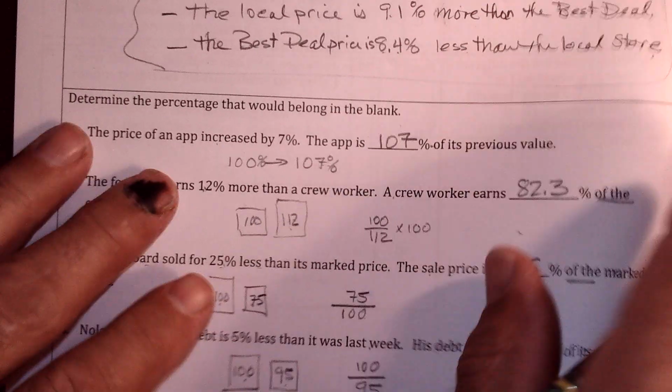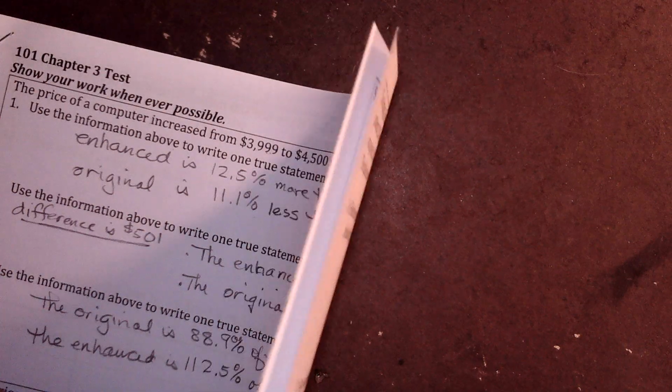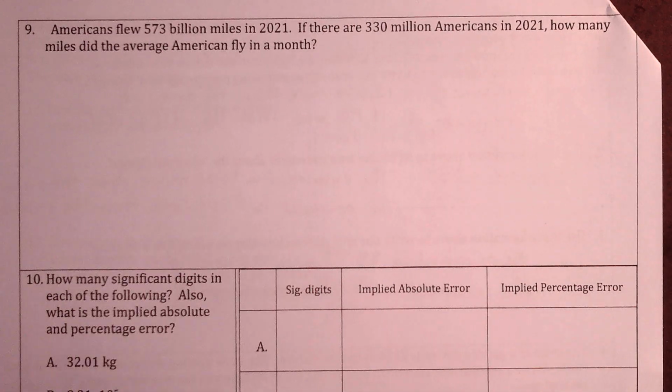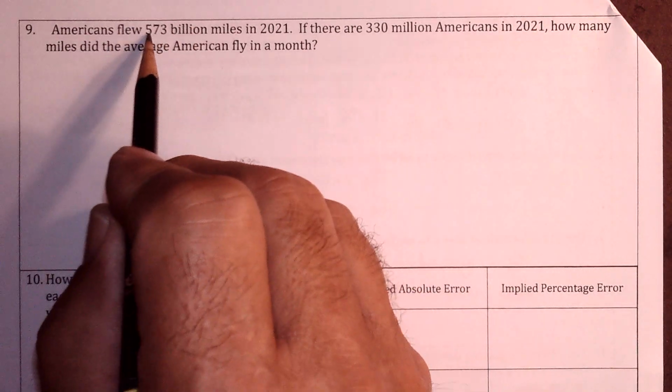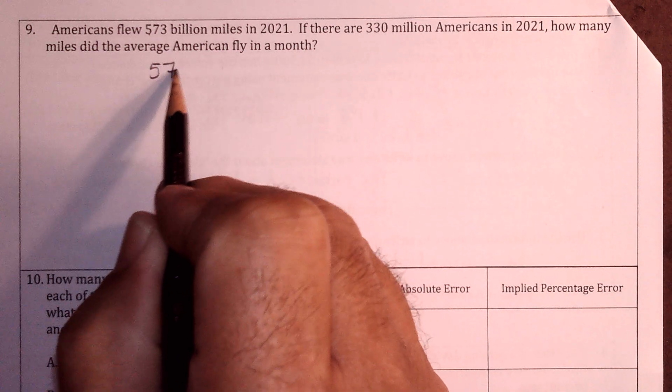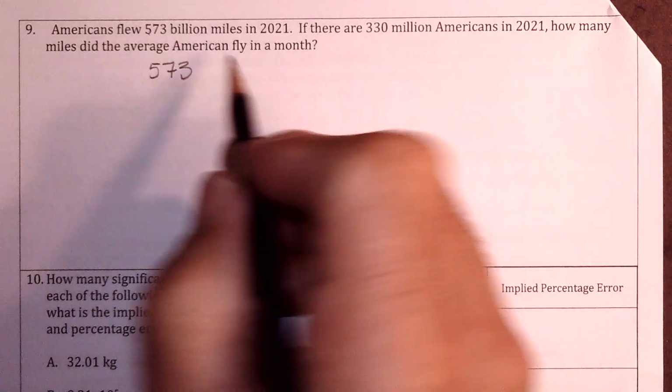Okay? So that's the percentage ones that we did. Now we just got some regular arithmetic to do here, and it says Americans flew 573 billion miles.